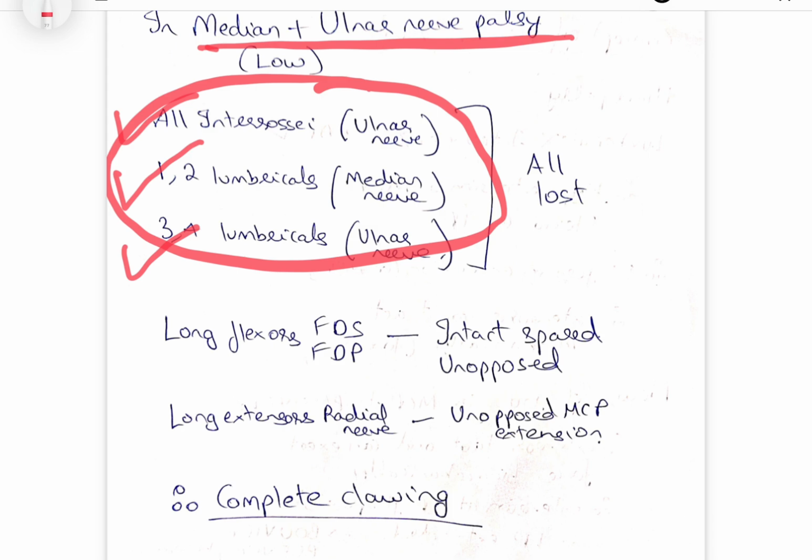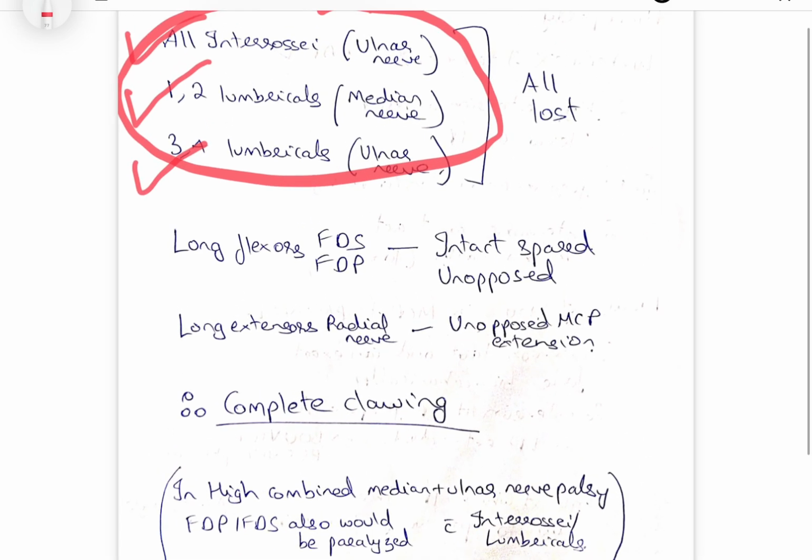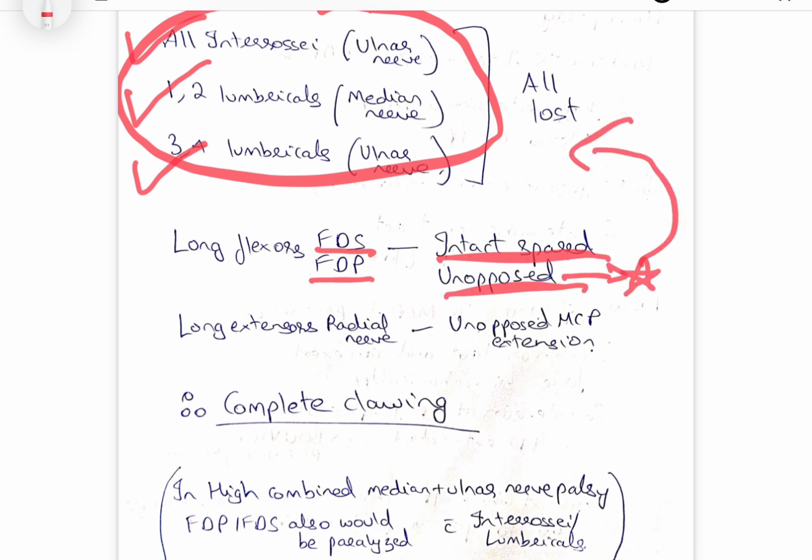Okay, but what is intact? The long flexors, that is FDS and FDP, are intact, spared, and they have unopposed action, because all of the others are lost. At the same time the long extensors are intact because of the radial nerve being intact.